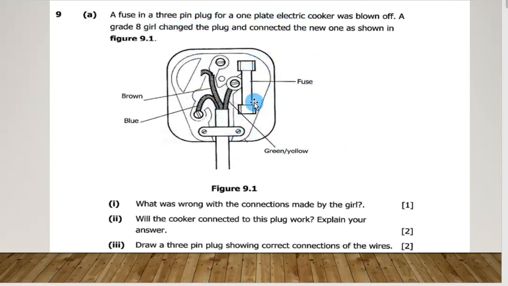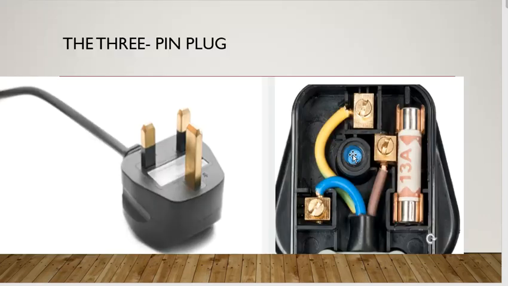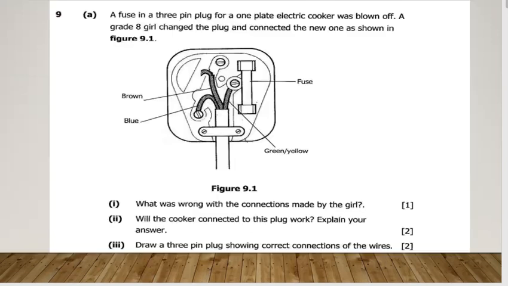So we have the fuse here, and this cable here is green yellow. So you should remember what we said here. So you should be able to compare this. Okay, this one is green yellow, this one is blue, okay, and this one is brown.